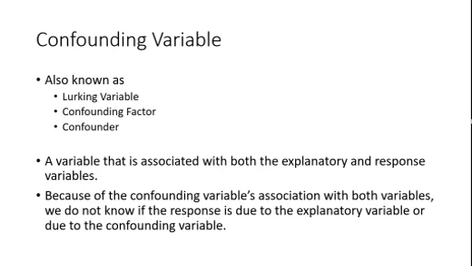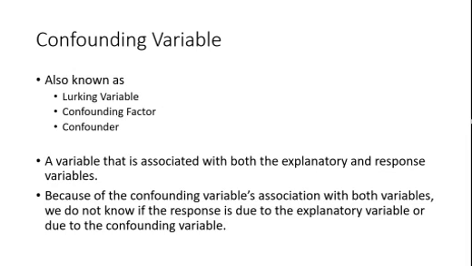There is a confounding variable in this, and that confounding variable that is attached to both of them is the sun. Being out in the sun is another possible reason why people could get skin cancer, because those that are out in the sun will be using more sunscreen, and in turn are more likely to get skin cancer. So the sun would be your confounding variable. It's attached to both of them.